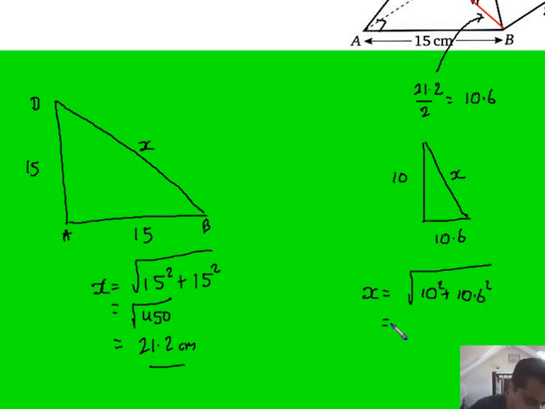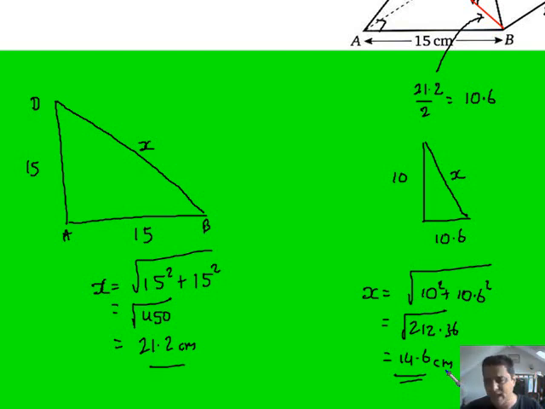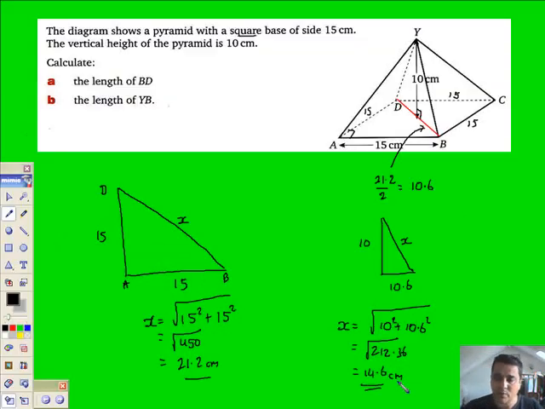I'm going to add on 100 because that's what 10 squared is. So I've got the square root altogether of 212.36. I'm now going to press the square root button and get my marks. There it is, 14.5. Well, to one decimal place 14.6 then. That's good enough. Am I happy with that? And just check that, 20 across there, halve it. Yeah, pretty good. I'm happy with that. So there we go. We have a hypotenuse VB of 14.6.